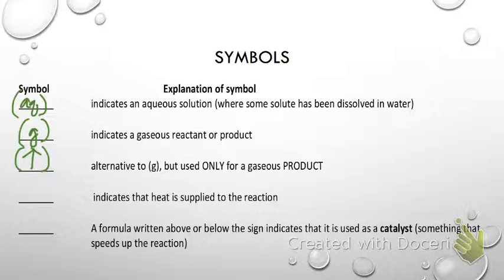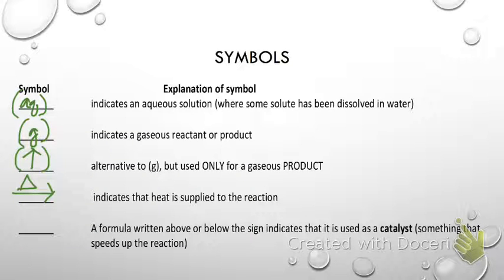Okay? If I need to show that I heated this reaction, because some reactions won't happen unless I heat them, I draw my yield arrow, and then a triangle above, and that just indicates that we heated it. And then the last one is if a catalyst was used, and a catalyst is something that speeds up the reaction. It doesn't actually participate in the reaction, but it provides another pathway for it to happen faster.